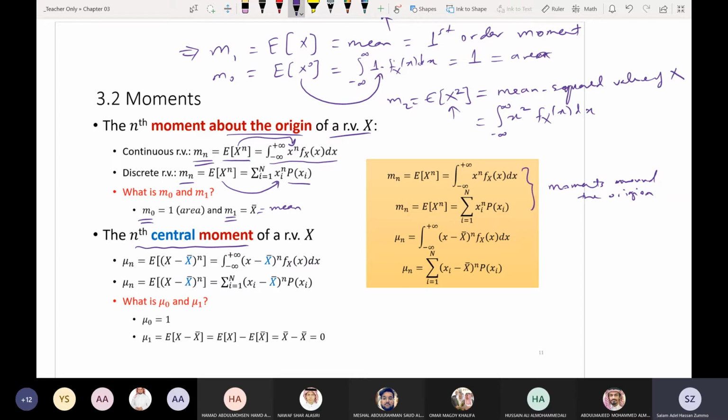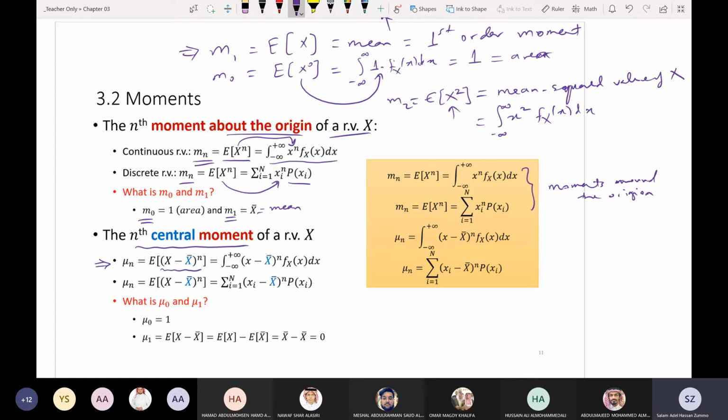Central moments are moments, however, whatever is inside, before raising to the exponent, we subtract the mean. So mu n, the nth central moment, is the expected value of x minus the mean all to the power n.